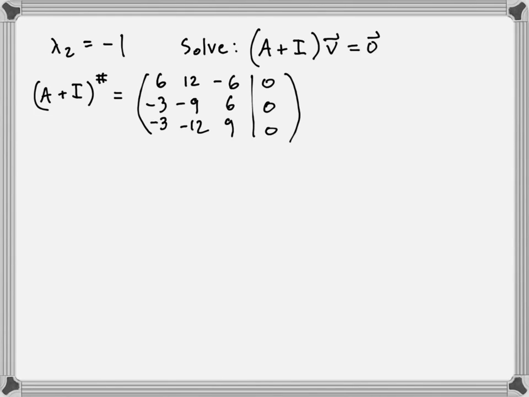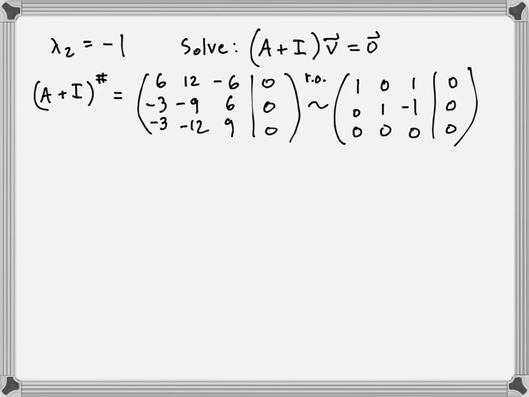How do I solve this? Well, I've already done the work in advance, so if we do all of our row reductions, we end up with the following: 1, 0, 0, 0, 1, 0, 1, -1, 0, and then 0, 0, 0. How many free variables do we need this time?